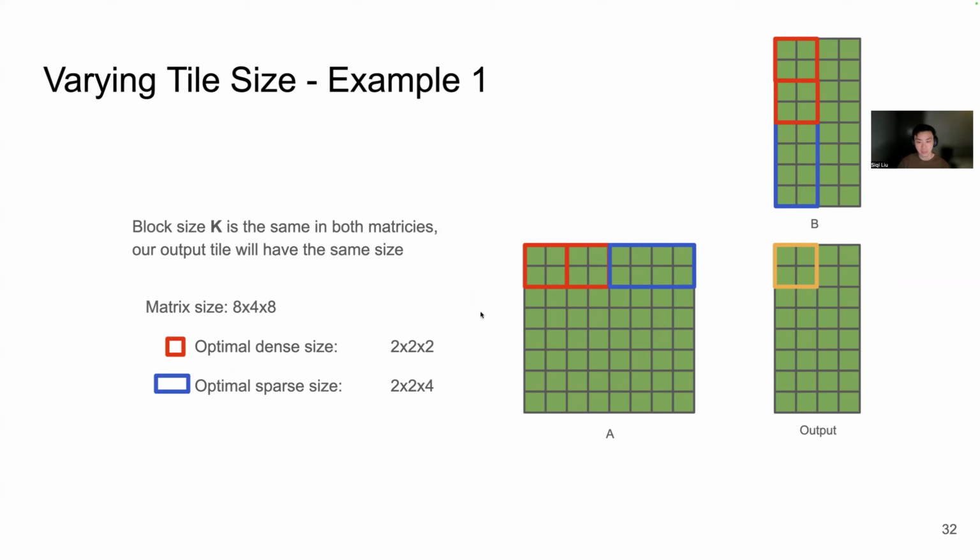In this case, the M and the N stay the same. The only thing that changes is how big the tile is in the K dimension. Instead of 2 for the dense ones, the sparse ones will be a multiple of that, which will be 4. So this is one of the examples. We can do something like this, and eventually we'll get the same results for this square output tile.